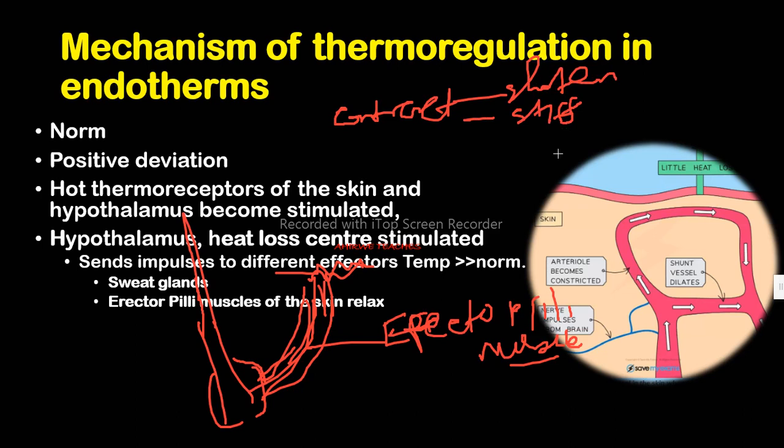When a muscle contracts, it shortens and it becomes stiff. But when a muscle relaxes, it elongates or lengthens and it slackens. Let me use that word.